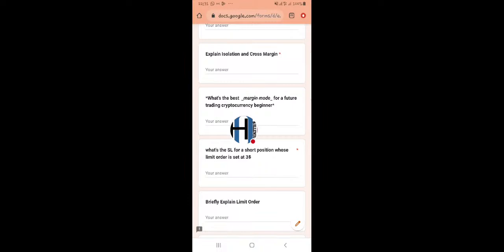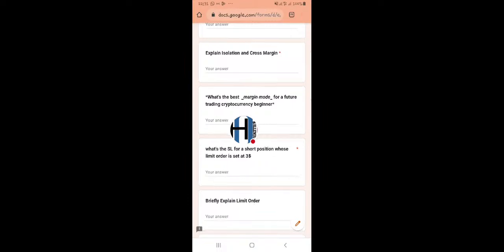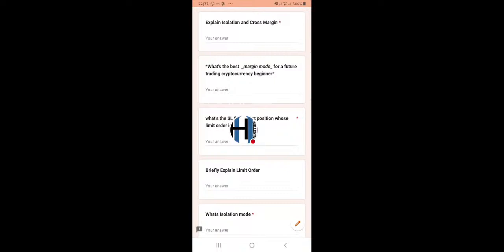So your SL, that's your stop loss, is anything from $3.1. That's above. You can have 4, 5, 6, 7 as your stop loss. That is stop loss.